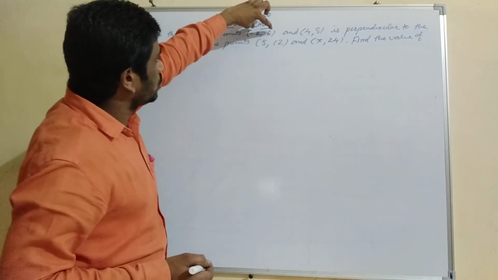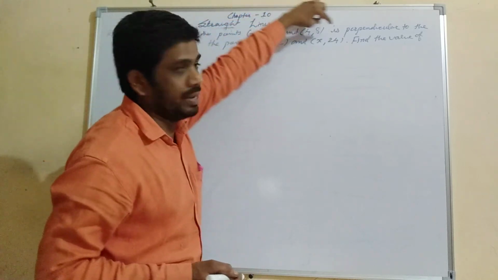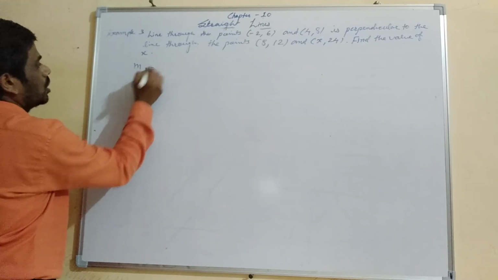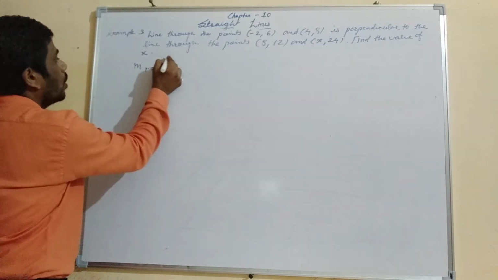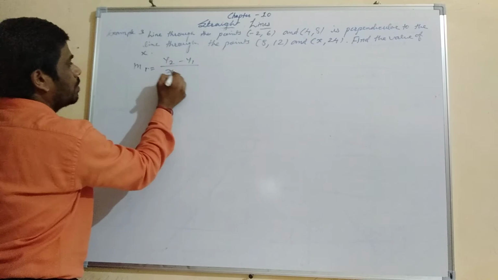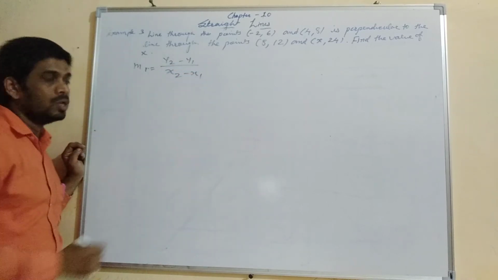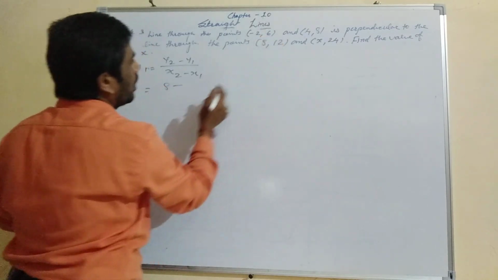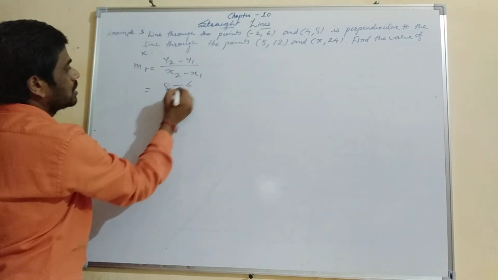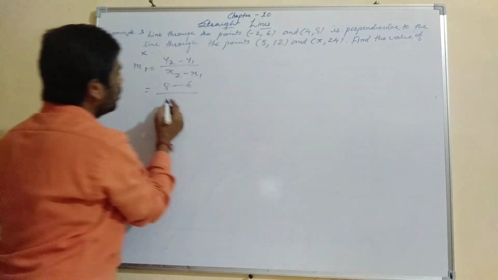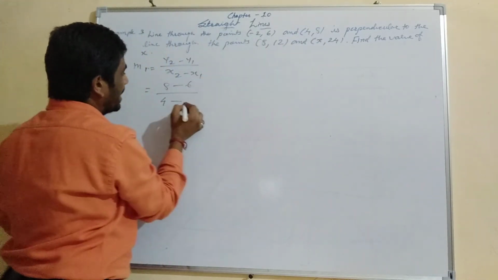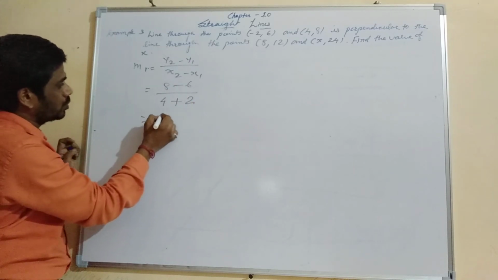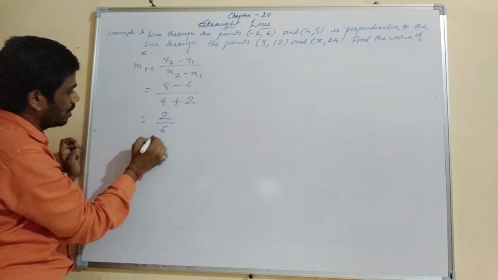The coordinates of the first line are given, so we can find the slope. m1 is equal to, as I told you, y2 minus y1 upon x2 minus x1 will be the slope. So it will be 8 minus 6 upon 4 minus minus 2, and minus minus becomes plus 2, which means 8 minus 6 is 2 upon 6, which is 1 upon 3.